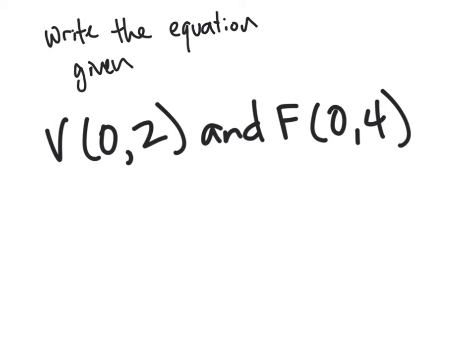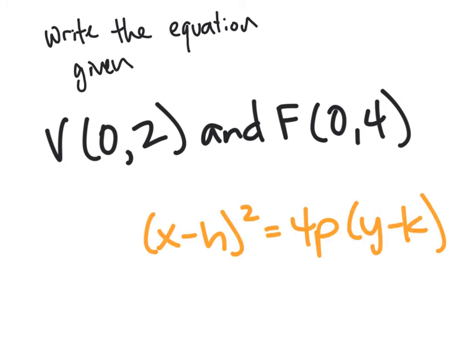Now I want to try to write the equation given the vertex is at (0, 2) and the focus is at (0, 4). So I start by looking at this form and I'm going to fill in what I know. The x is 0, so (x - 0)² is just x² = 4p(y - k). So 2 is my k, so I'm going to have y - 2.